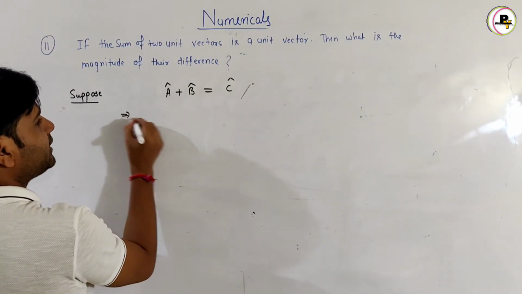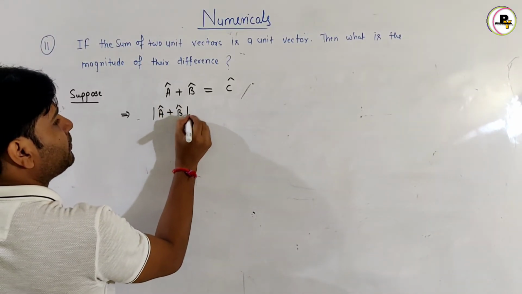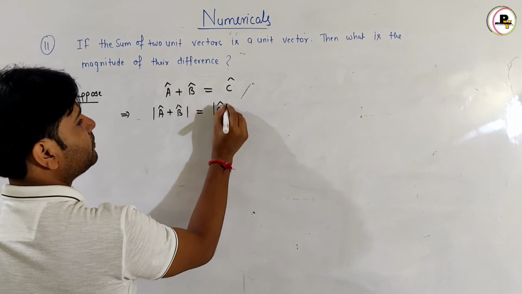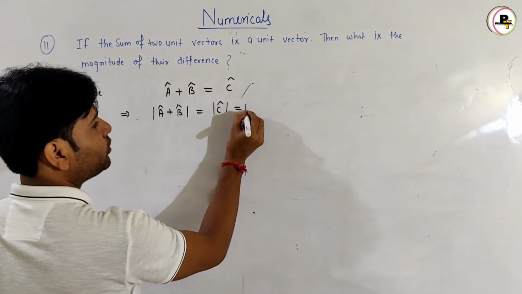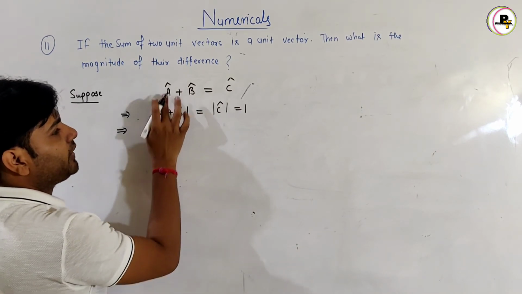So here I can write, if I take the mod of A cap plus B cap equals C cap, mod of C cap, then it is equal to 1. That is, what is mod of A cap plus B cap?